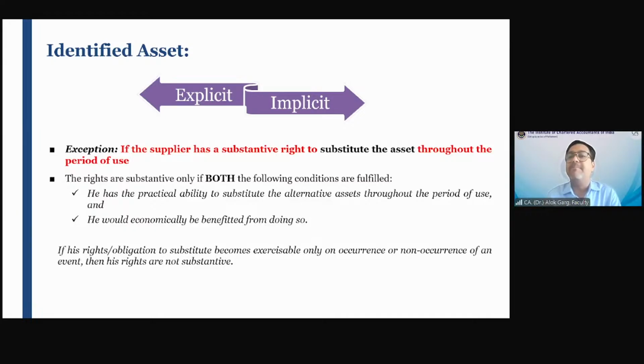What is meant by implicit? For example, a company has given its factory on a lease basis to the lessee. In the factory there were 5 machineries installed, and there is some furniture and fixtures and other assets, right? And this company has given this factory on a lease basis.